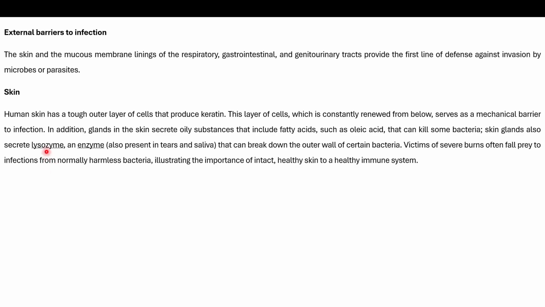Similarly, this lysozyme enzyme is also present in our tears and saliva, which helps in fighting against some bacterial pathogens. Victims of severe burns can often fall prey to infections from normally harmless bacteria, which is again evidence that intact, healthy skin is necessary for a healthy immune system.